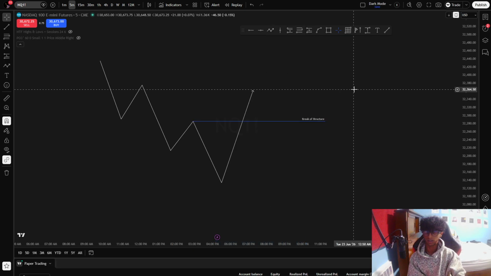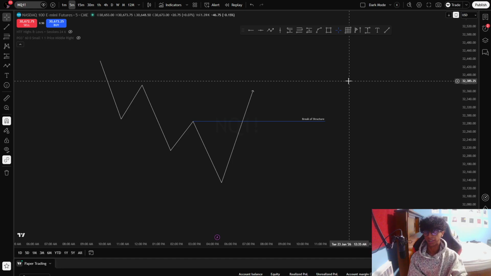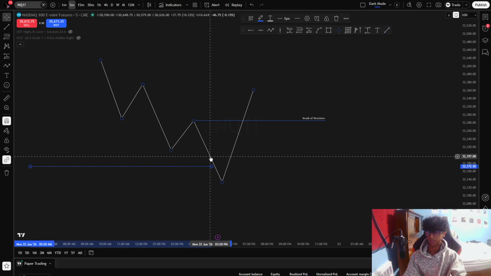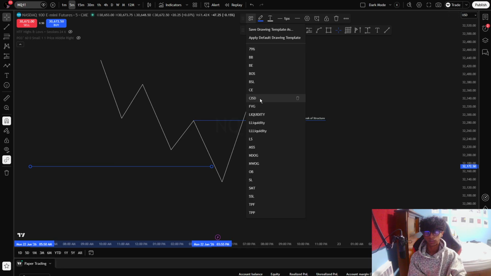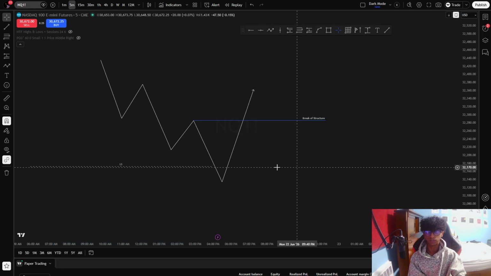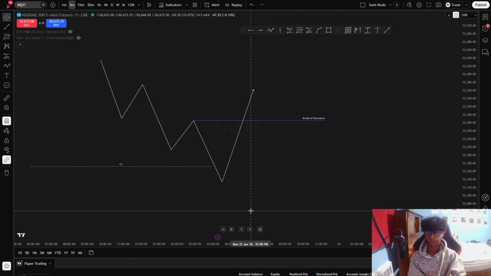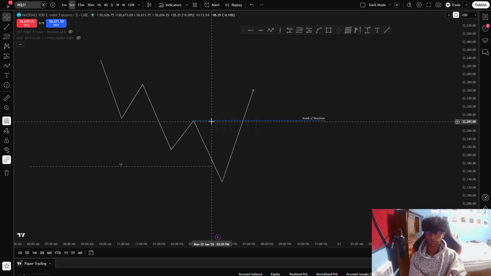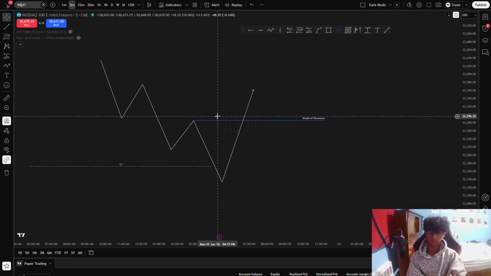Now, I'm going to go a lot more in depth on this in a different video. But when we have a previous liquidity sweep, which I'm also going to go in depth with in another video, we have something called a market structure shift, or changing state of delivery. These are just 2 things.